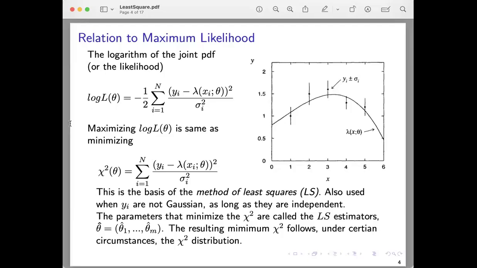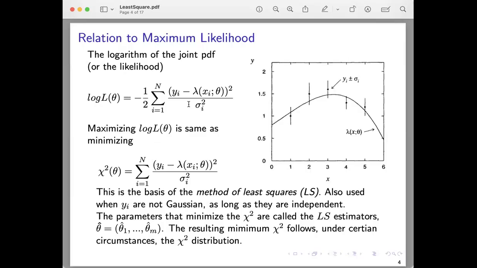Now you can define the sum of these quadratic terms as basically a chi-square. You can see that this chi-square is a special case of the maximum likelihood method in the case where the PDF is Gaussian.